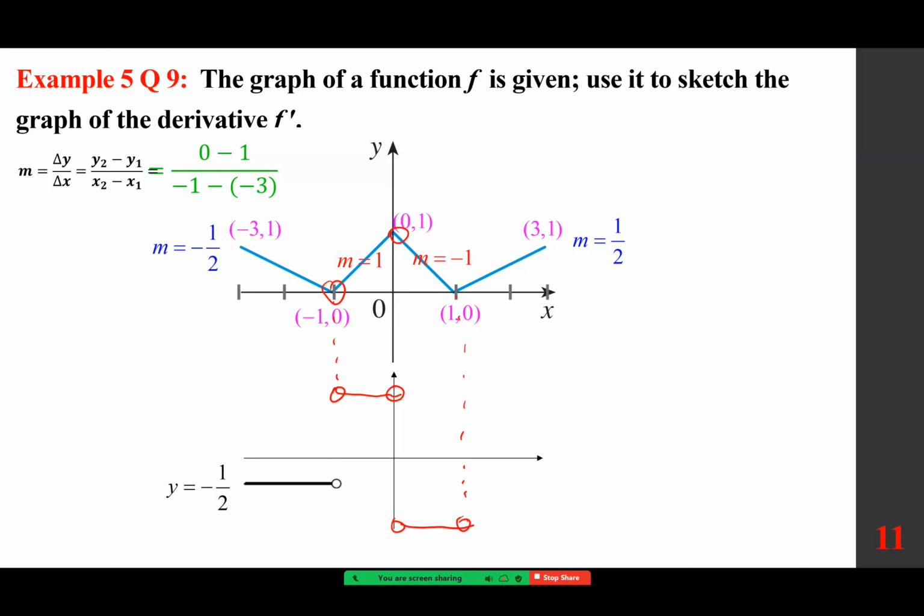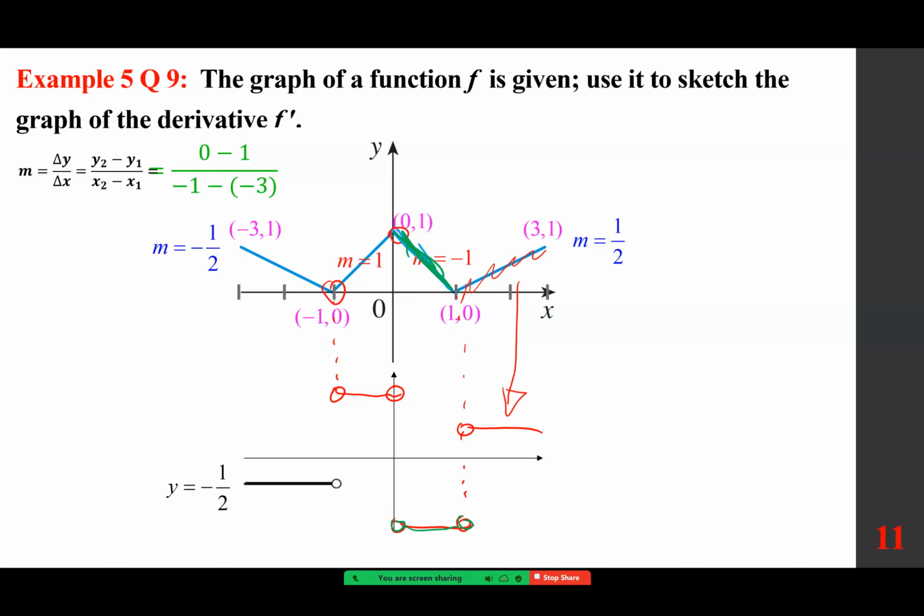Again, this is not too scary, everybody. And the last one, y equals 1/2. So again, this line corresponds to this one, and so on and so on.